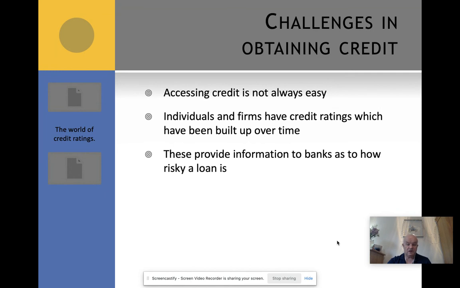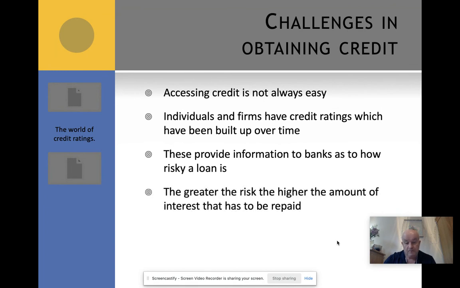So lots of banks and businesses in the finance business will take a look at these credit ratings in order to assess how risky they see that loan being. Obviously, if they see it as quite a high risk loan, they're going to charge you more interest. So effectively, the greater the risk, the higher the amount of interest that's going to have to be repaid.